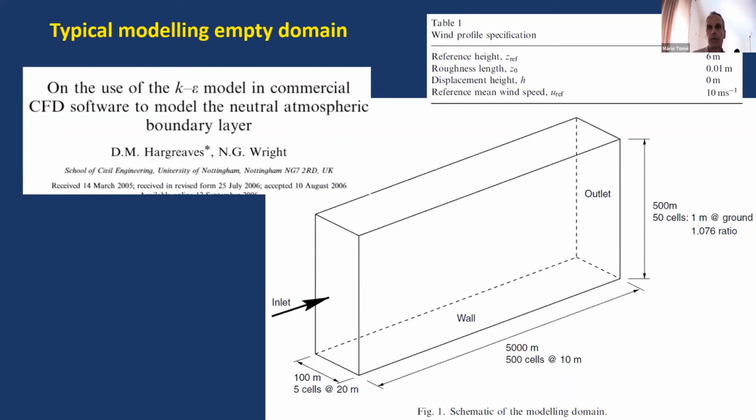In cities we have very high levels of roughness height, which can be between 0.1 meters or lower up to 10, 20, 30 meters in very dense cities with high skyscrapers.